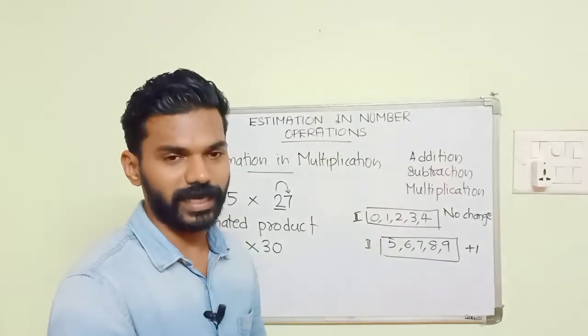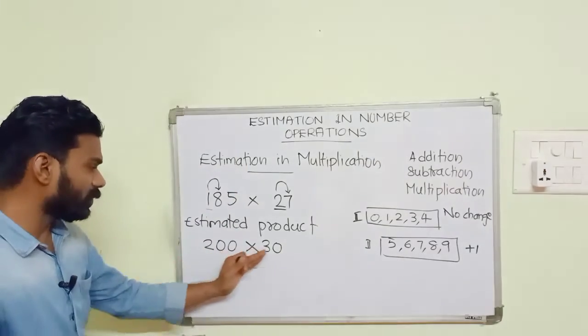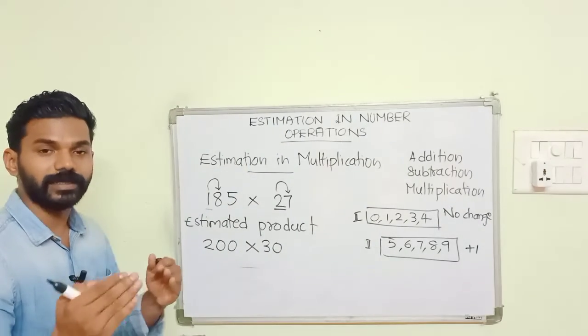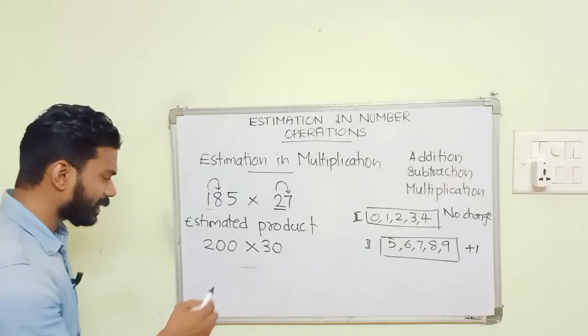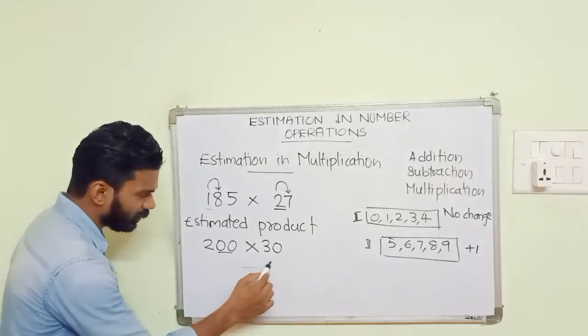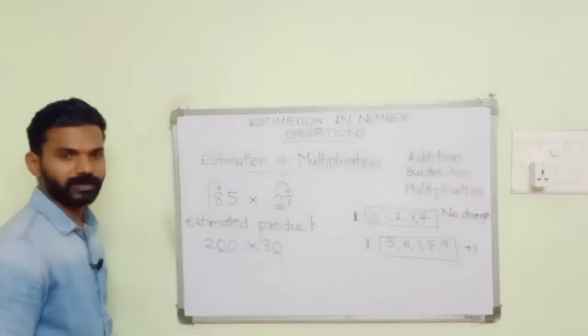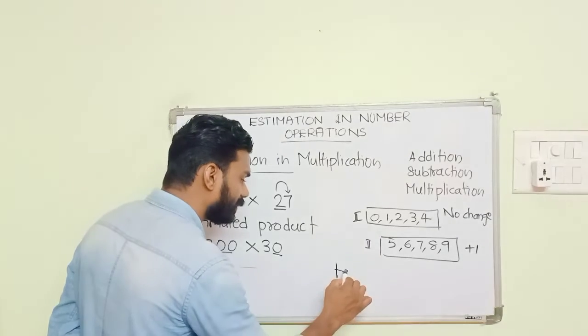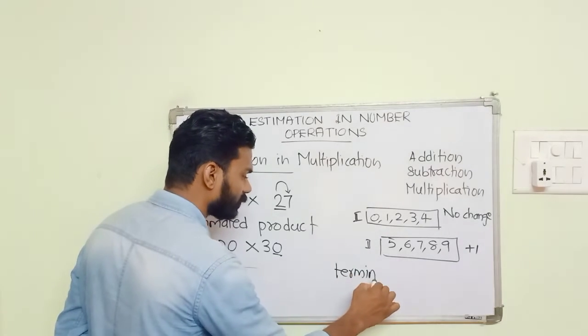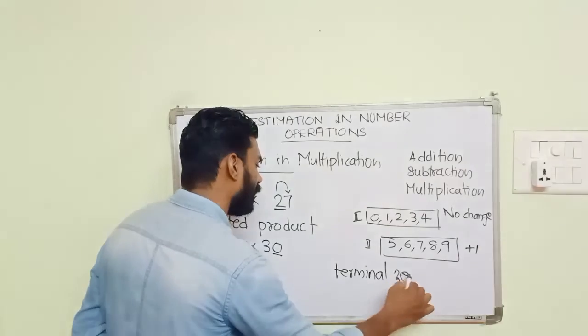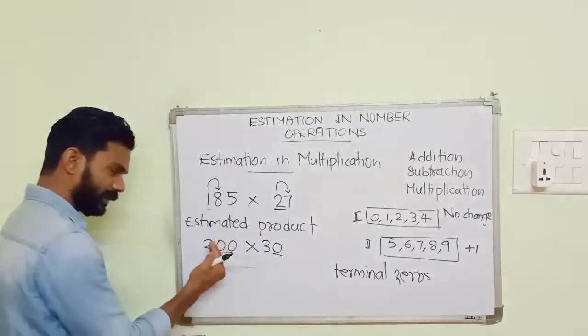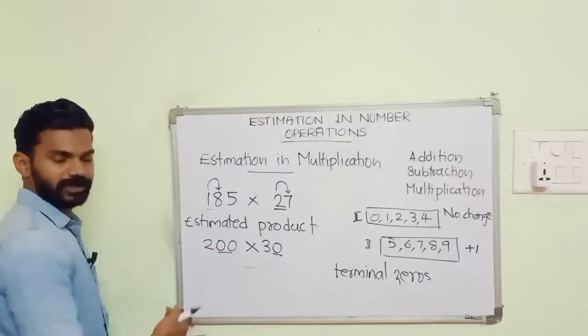Now, in order to do this calculation, there is an easy way. You can consider these 2 zeros and this 1 zero. They are actually called terminal zeros because they are the zeros that come at the terminal, at the end.